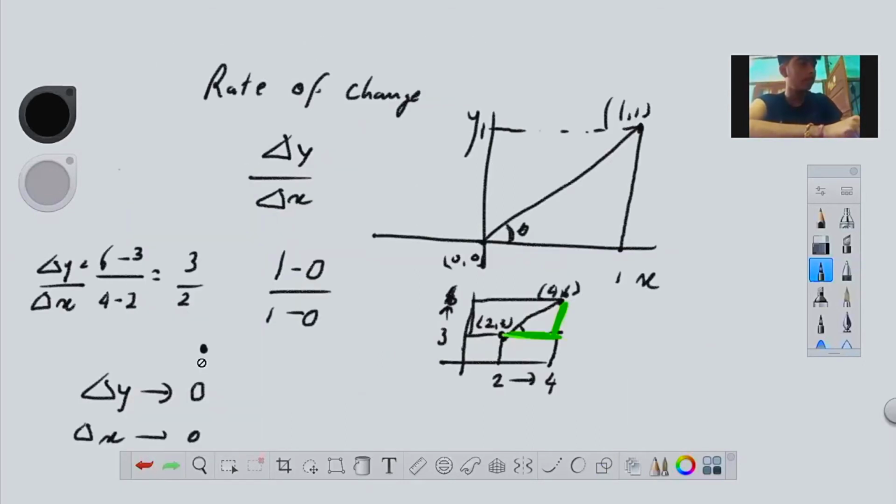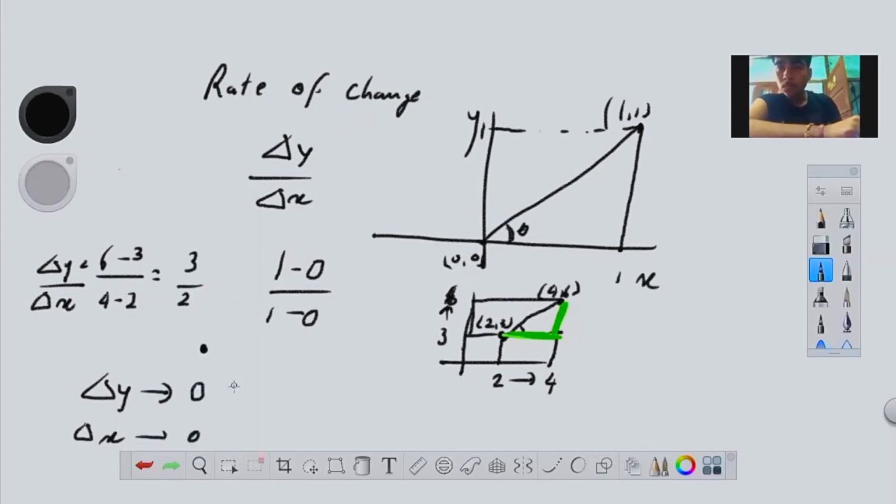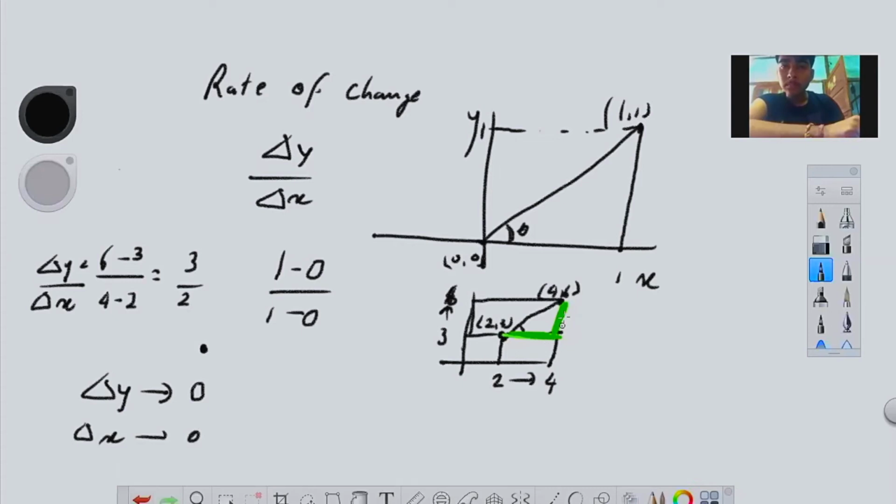So similarly, when this change in y and this change in x, or when a change in a number is made very small, very minuscule, the smallest.